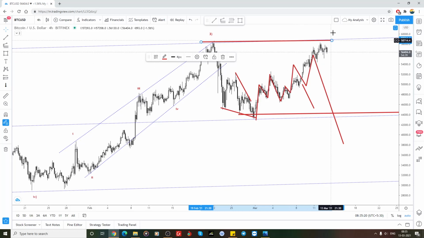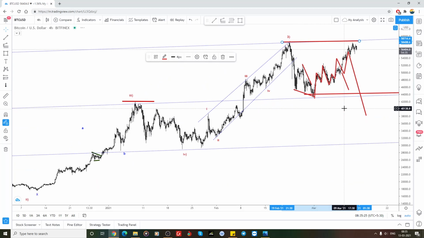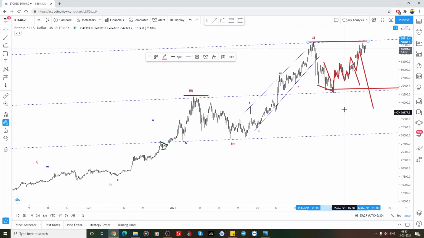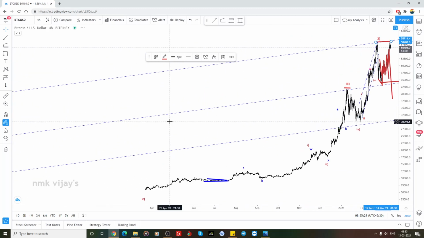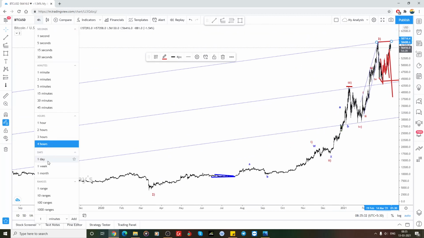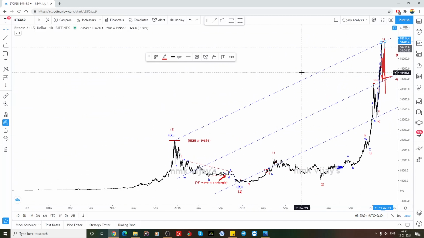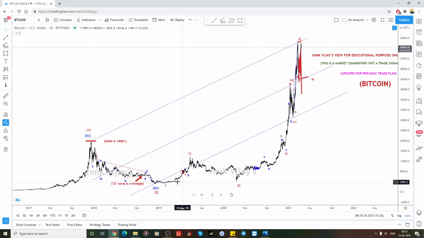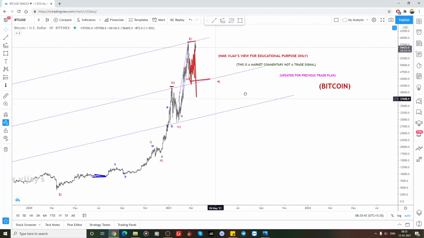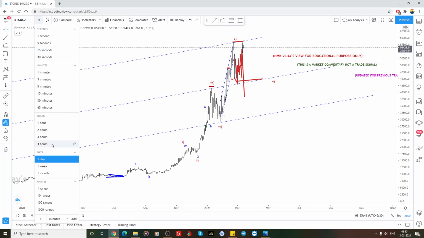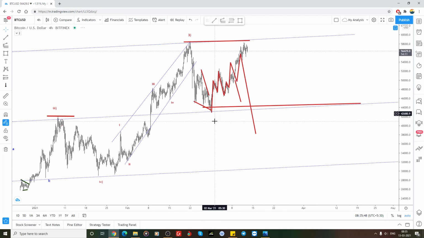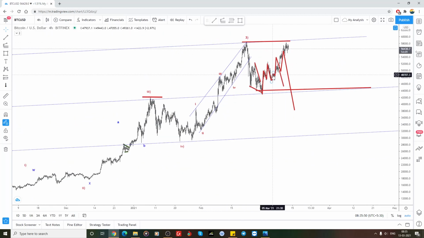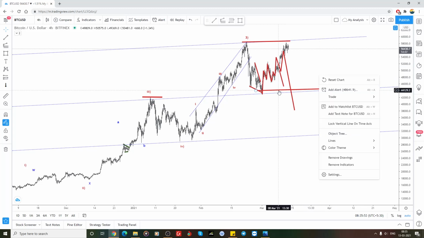So if it breaks the high also, it can again be considered an irregular flat of the bigger fourth. So this is my view on Bitcoin. We are in the fourth wave. So ABC as a 1, ABC as a 2. I took this as a diagonal wave formation. Now I'm expecting a bigger correction for the fourth wave, so either it could be an irregular flat or a triangle. Whatever it does.